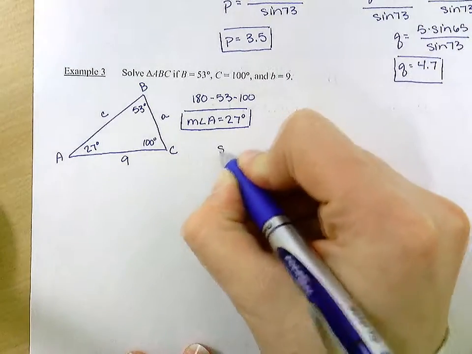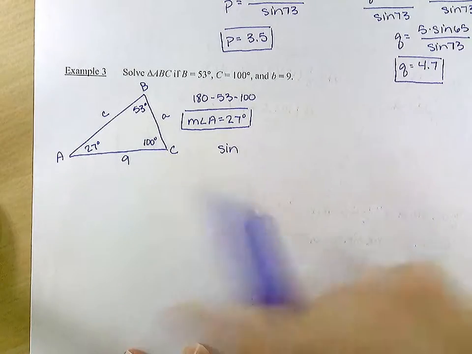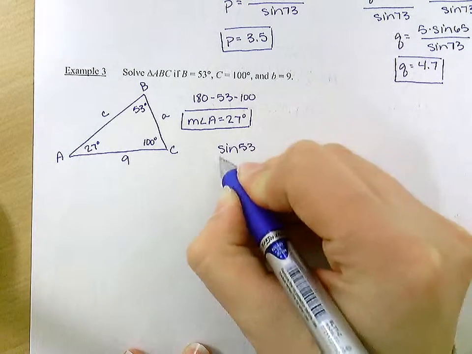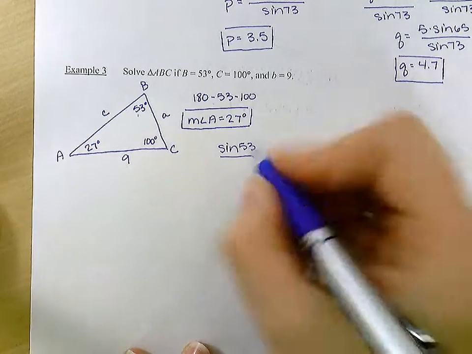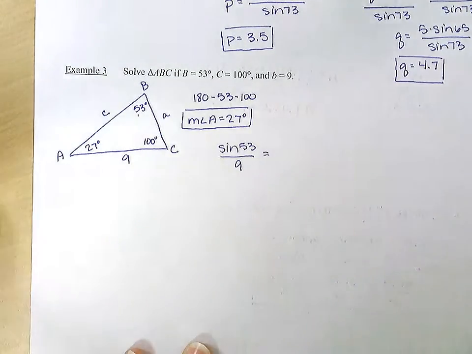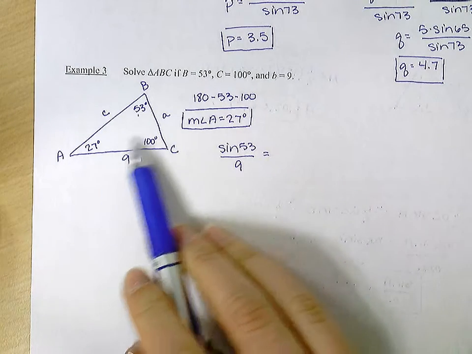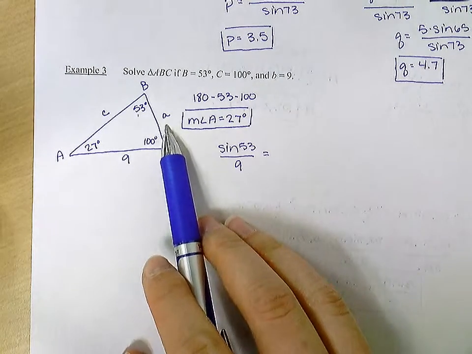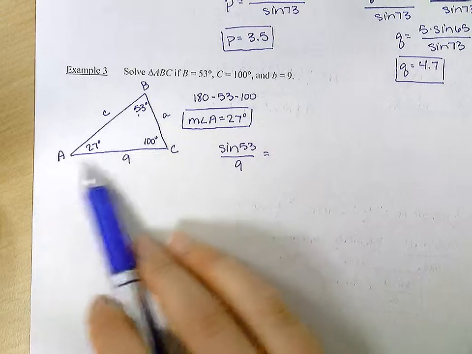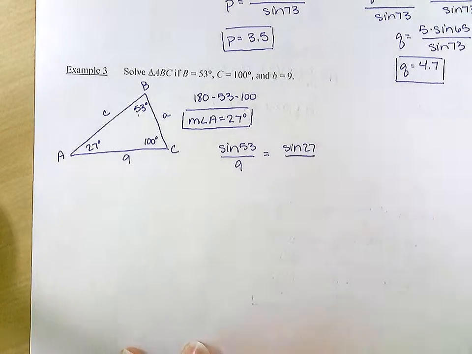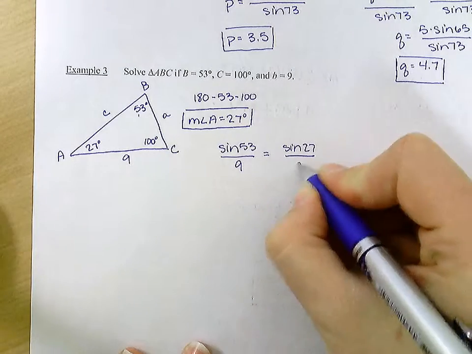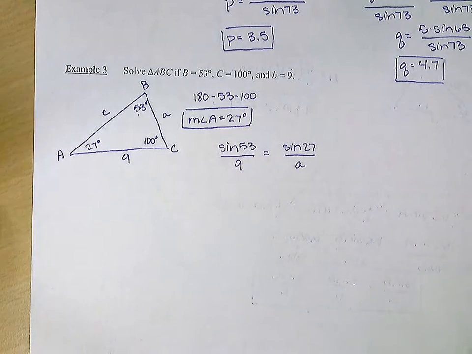Okay, so I'm going to take sine of angle B, which is 53, over the side opposite that angle, which is 9. Okay, that's equal to, since we're going to solve for side A first, sine of angle A over its opposite side, which is A.